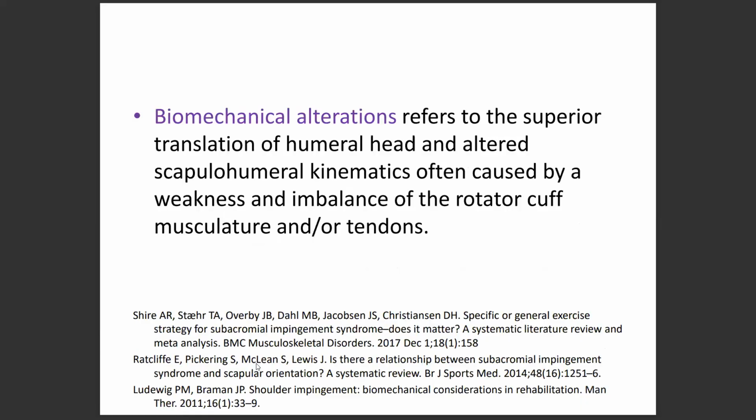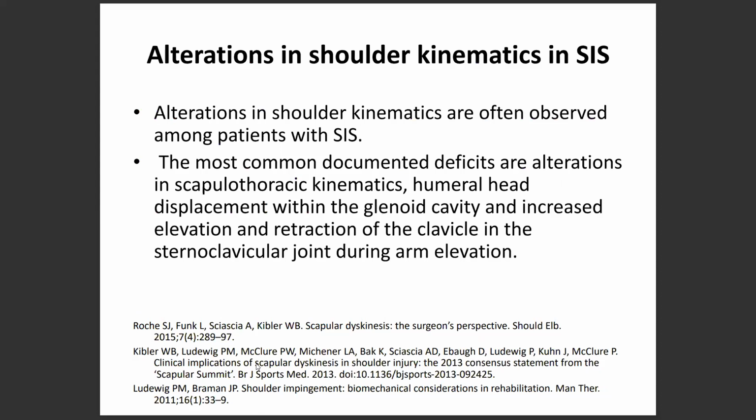The biomechanical alteration refers to the superior translation of the humeral head and altered scapulohumeral kinetics, often caused by weakness and imbalance of the rotator cuff musculature or tendons. The alteration in shoulder kinematics is often observed among patients with subacromial impingement syndrome.